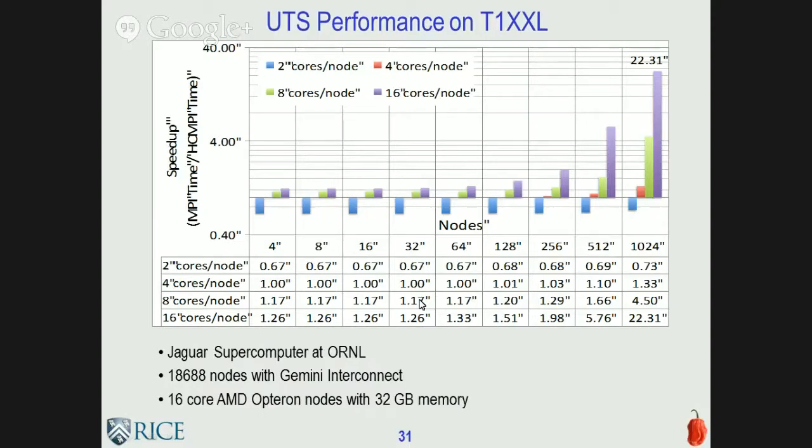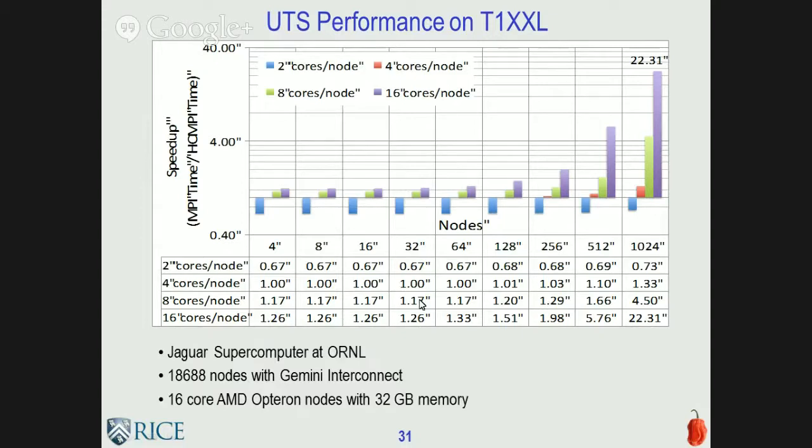The ratio shows the MPI reference divided by the HCMPI version. For these results in the HCMPI version, we only created one communication worker per node. So basically, there were 1,024 MPI processes for HCMPI, whereas there were 16,000 MPI processes for MPI.